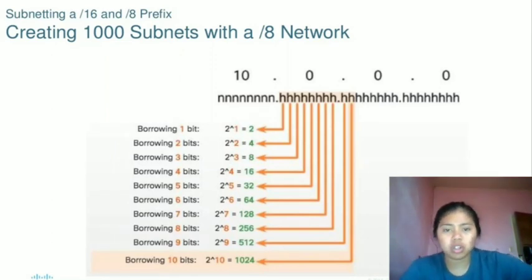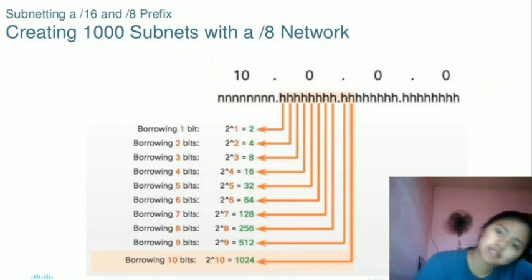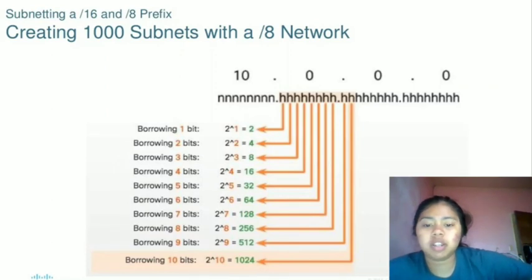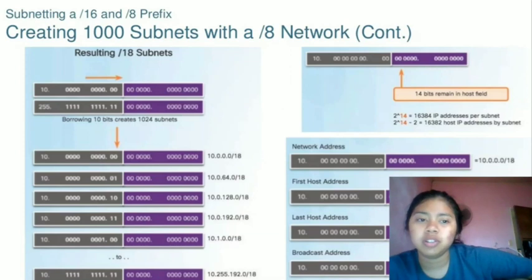So the host field is always H, and then N is the number of bits. So there are 10 bits. You just go 2 to the first power, 2 to the second, 2 to the third, 2 to the fourth, and so on, resulting in 1024 subnets.